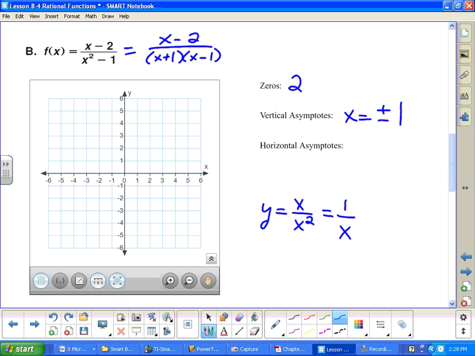Okay? So whenever the degree of the numerator is less than the degree of the denominator, our horizontal asymptote is going to be y equals 0. Because as the values of x get larger and larger, that fraction is getting smaller and smaller, so it's getting closer and closer to 0.